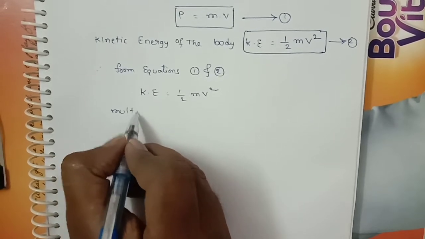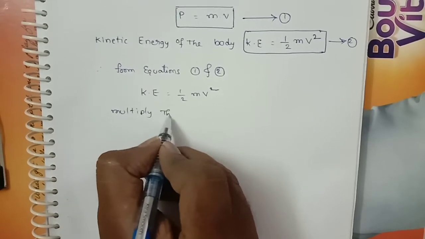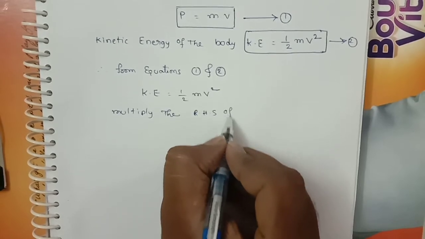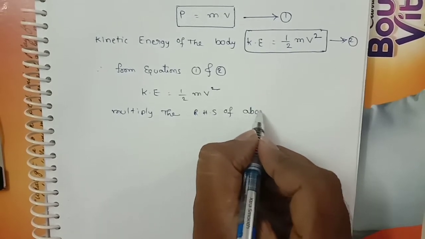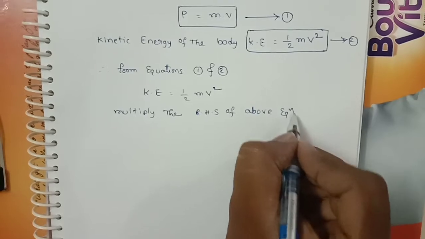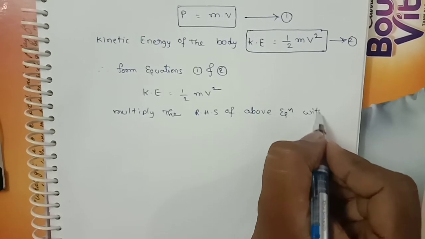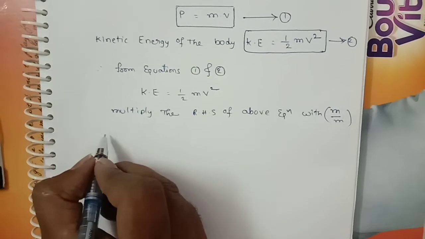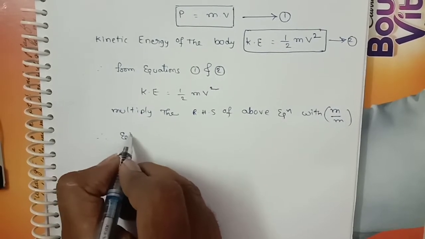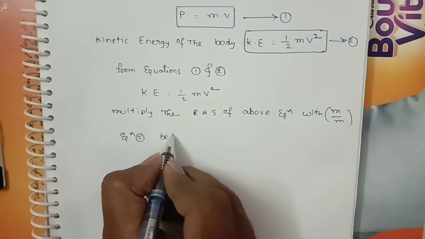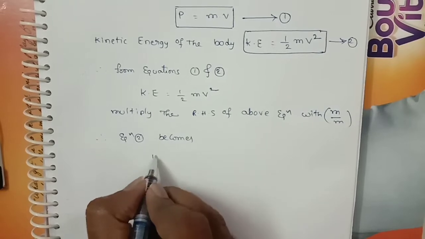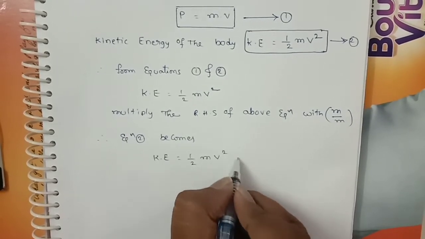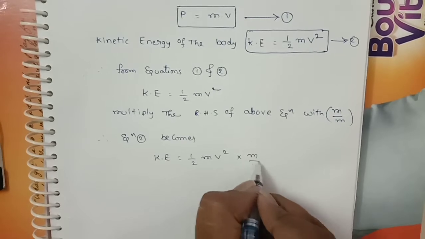So equation 2 becomes Ke equals half mv square into m by m.